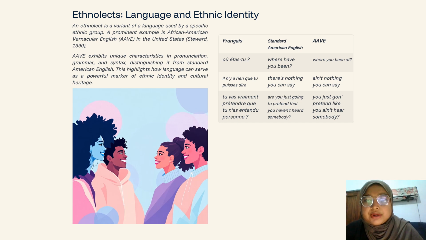Emphasize how languages through ethnolects like AAVE serve as powerful markers of ethnic identity and cultural heritage for its speakers. The table on the right side provides comparative examples illustrating the difference in expression across French, Standard American English, and AAVE, also known as African American Vernacular English.